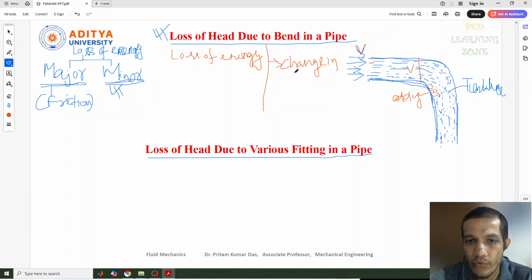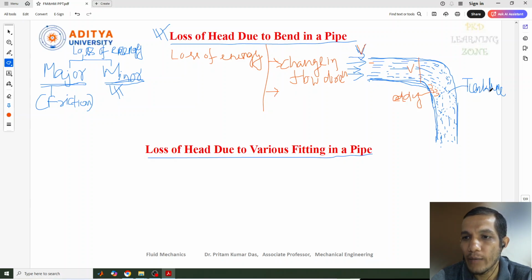Change in flow direction, we can write. There is a change in flow direction. That means up to here the fluid is flowing in the x direction, and suddenly it changes its direction. The flow direction changed here.